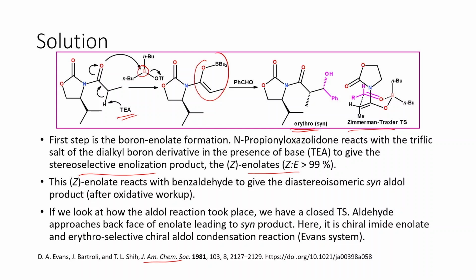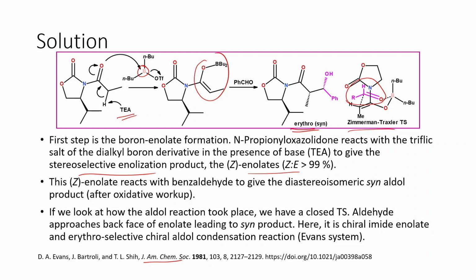So here we can see the transfer taking place from the same side of the carbonyl group. Here is our aldehyde unit that is present, and the boron is actually coordinated to this particular carbon.